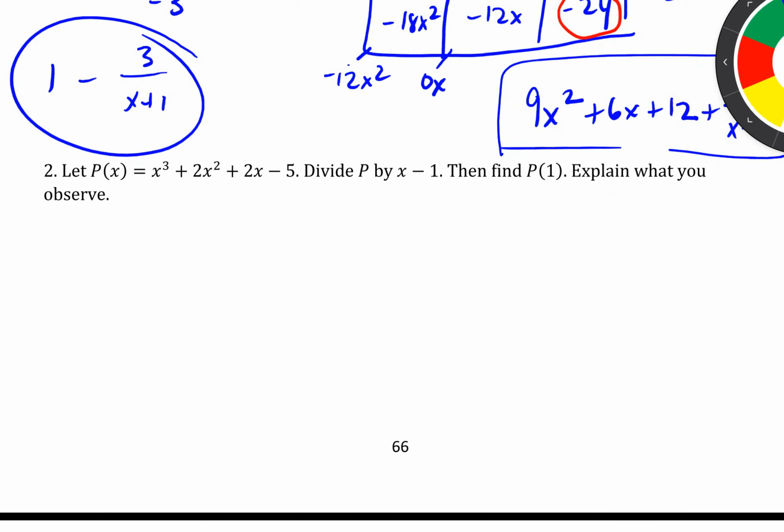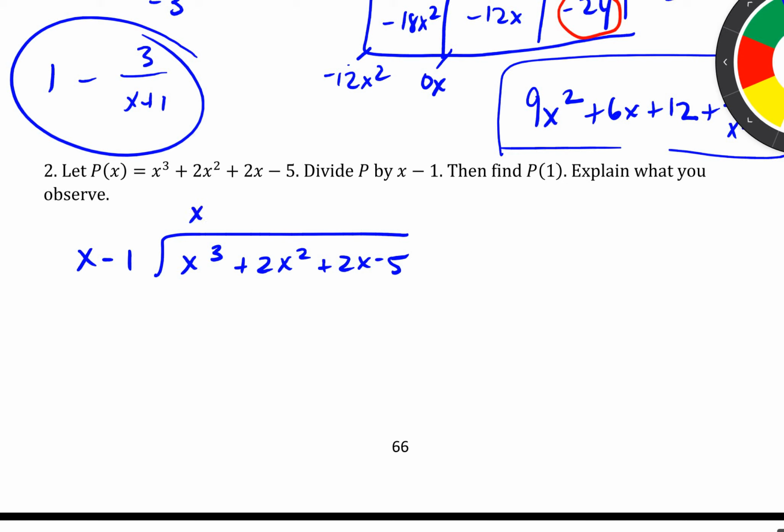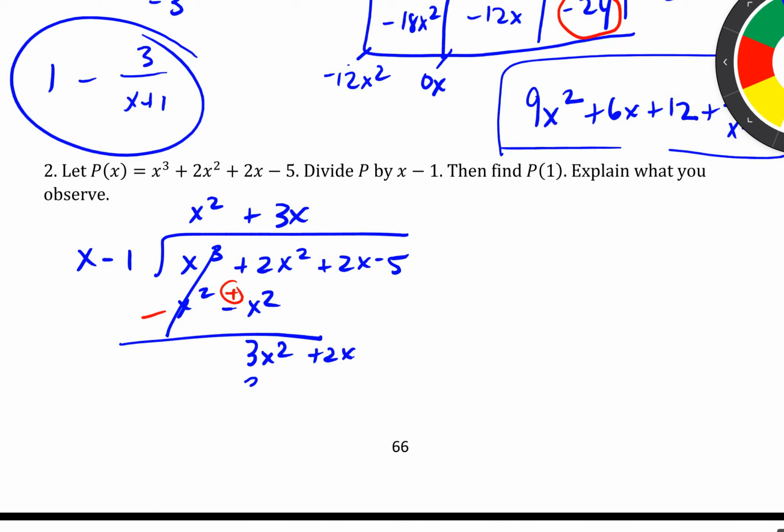So if I divide p of x by x minus 1, do this one with long division, I'll make that x squared, which makes this x squared minus x squared, minus and plus. These cancel, that gives me 3x squared plus 2x plus 3x, that makes 3x squared.